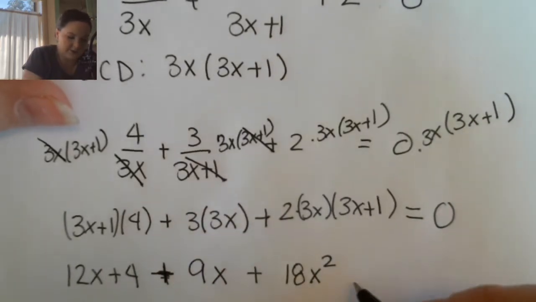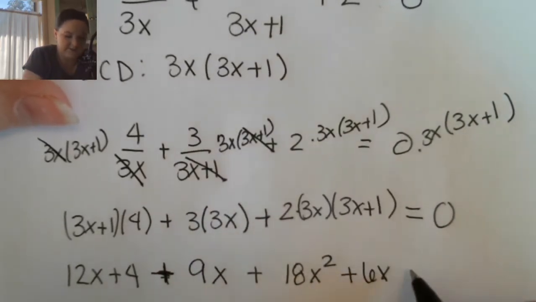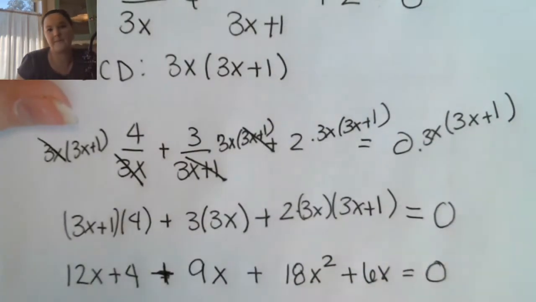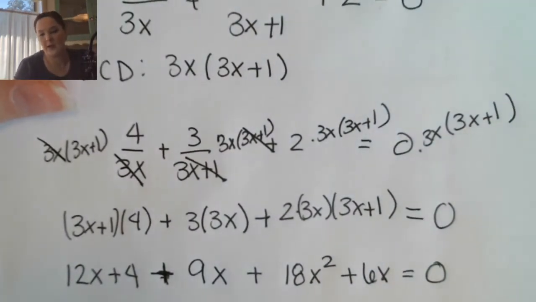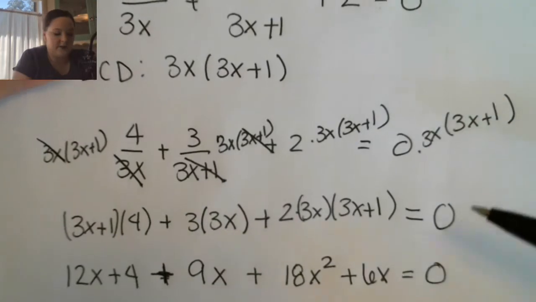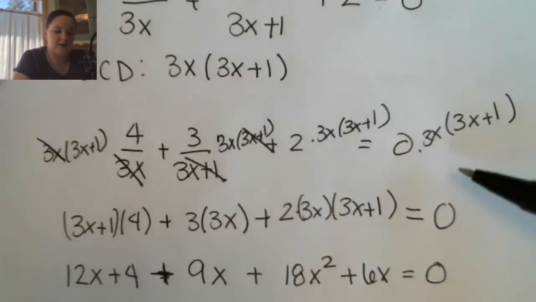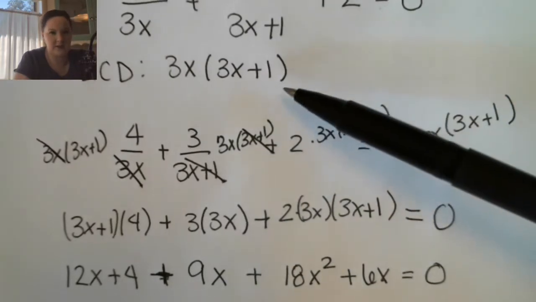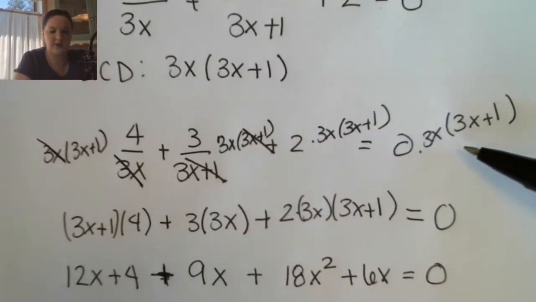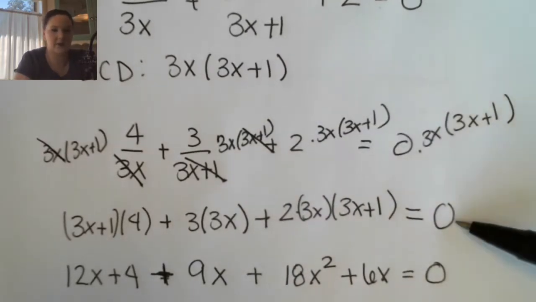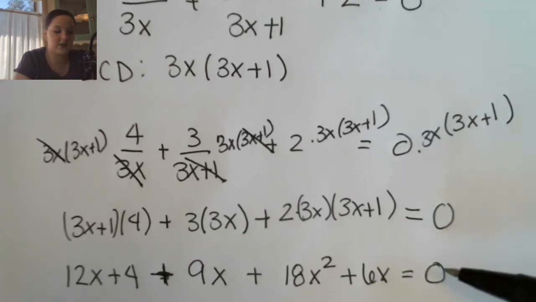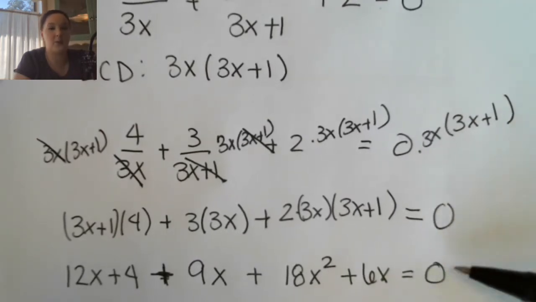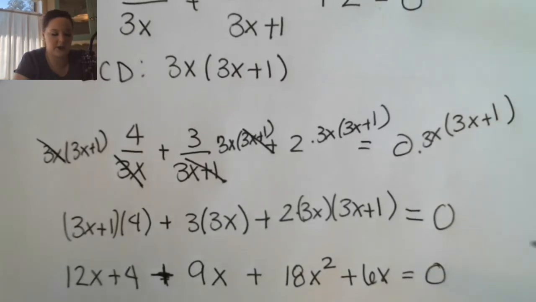And then 6x times 1 is 6x. Okay, so that's the main part that has to do with being a rational equation. You find the LCD, multiply by the LCD to cancel all the denominators, and then you're left with an expression like this. So now at this point, we need to determine what kind of equation we're talking about.